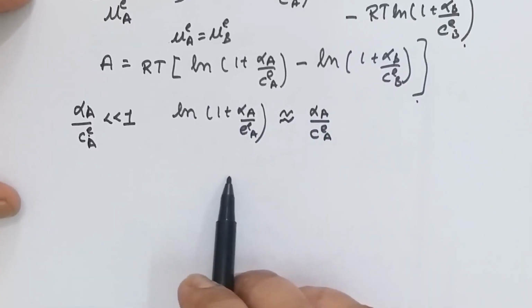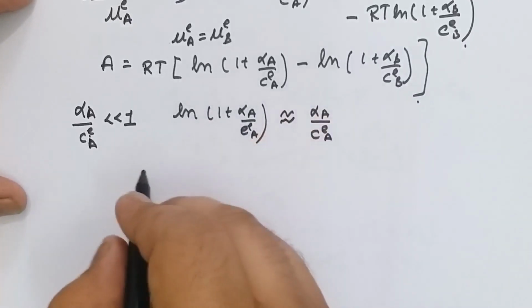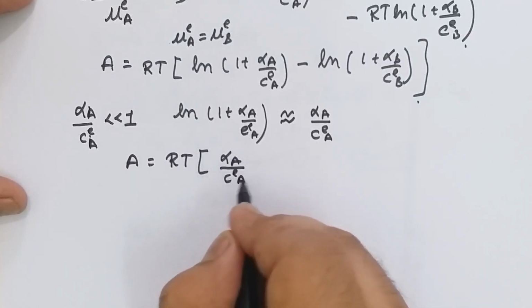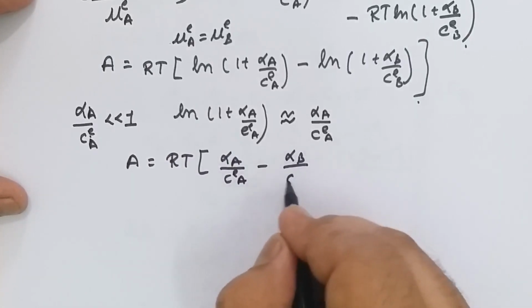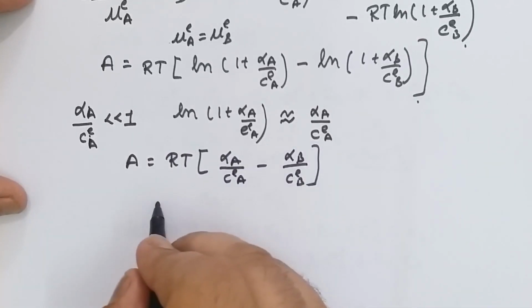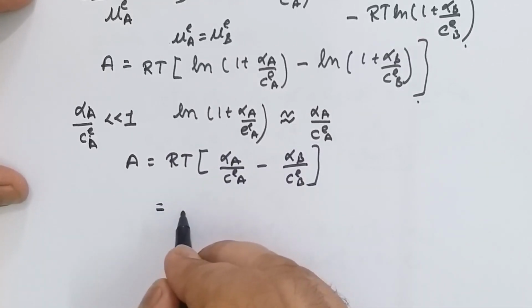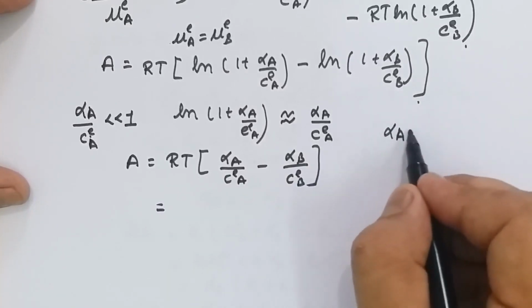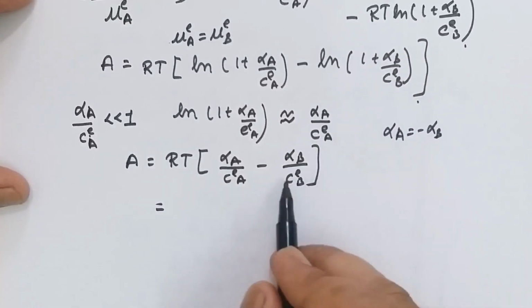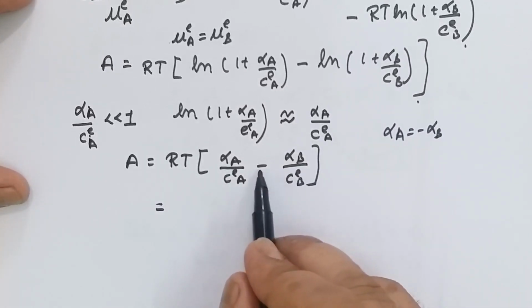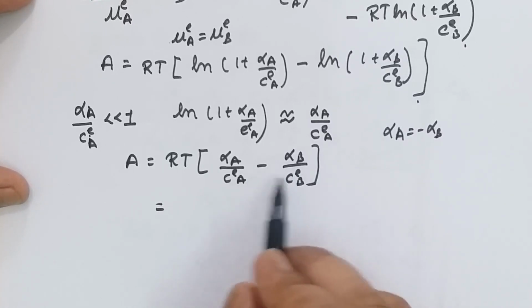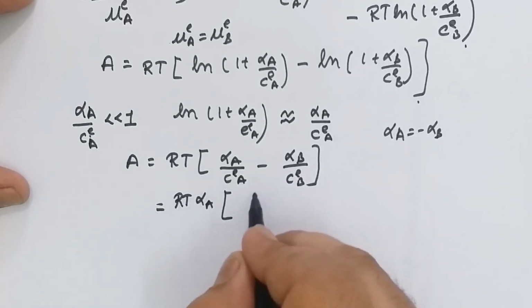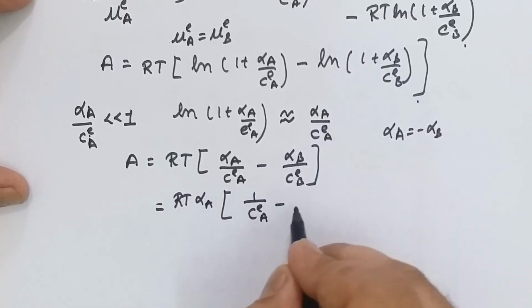So we can substitute this over here. We will have A equal to RT [alpha A upon CeA minus alpha B upon CeB], and we have already seen that alpha A is equal to minus alpha B. So in place of alpha B we can substitute minus alpha A, and we can take alpha A common out.